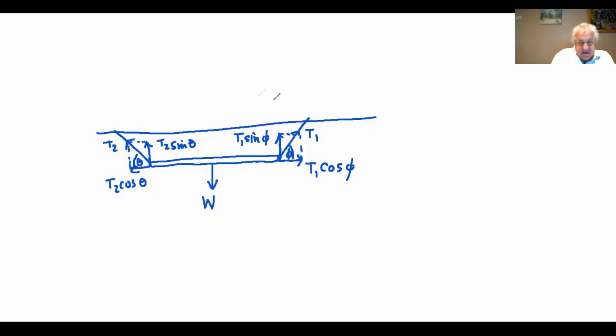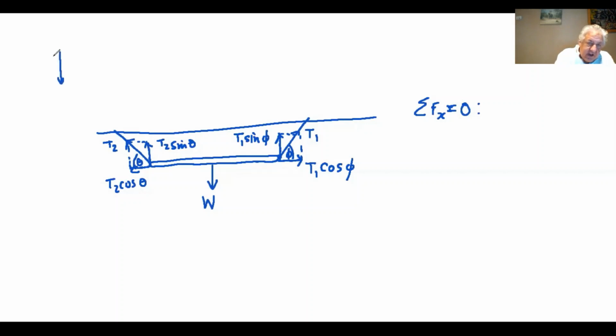Now the first condition applies to the whole system. So the sum of the forces in x must be 0 for static equilibrium. But this time I'm not looking at the forces at a point. I'm looking at the forces on the whole system. The only two horizontal forces are these.